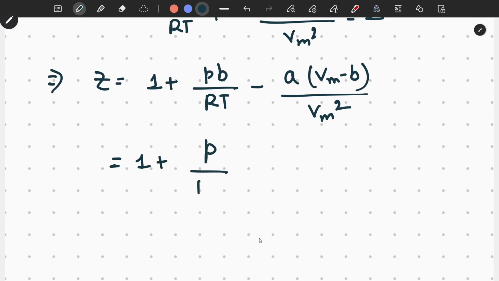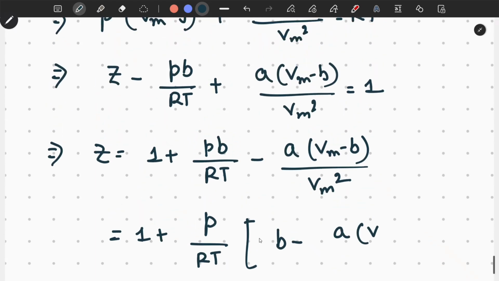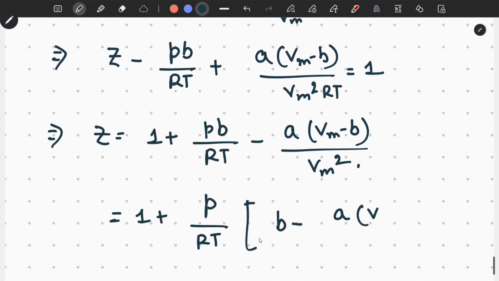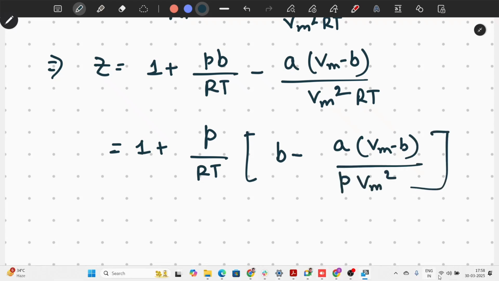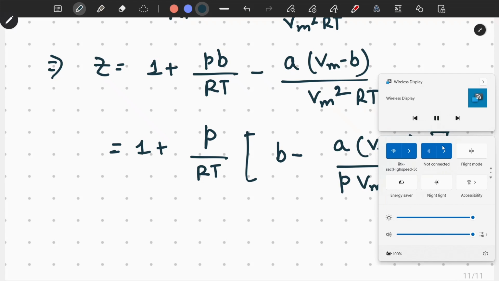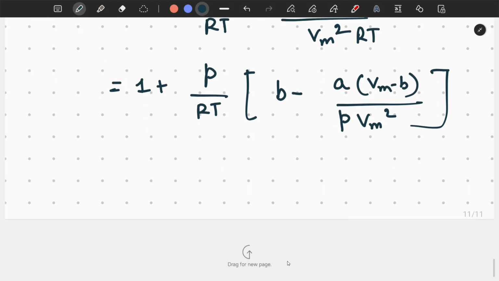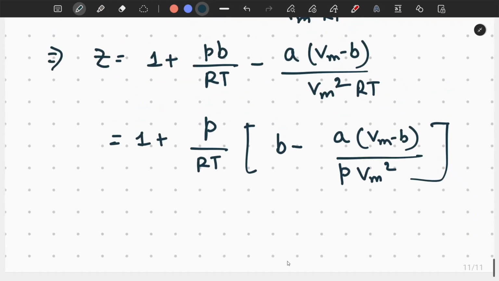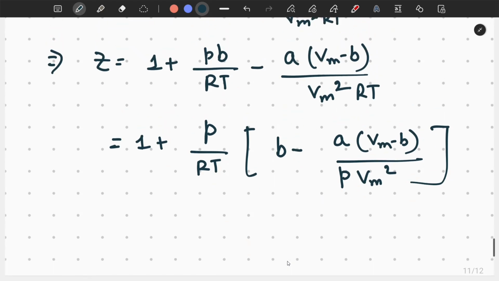So if you take P by RT common, then here will be RT, right? Yes, Vm squared RT.